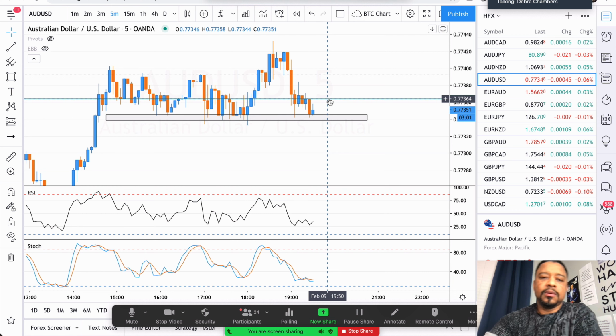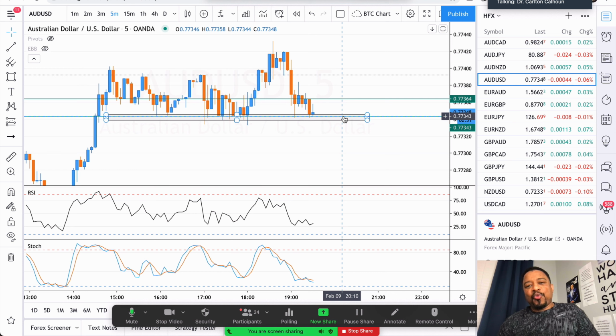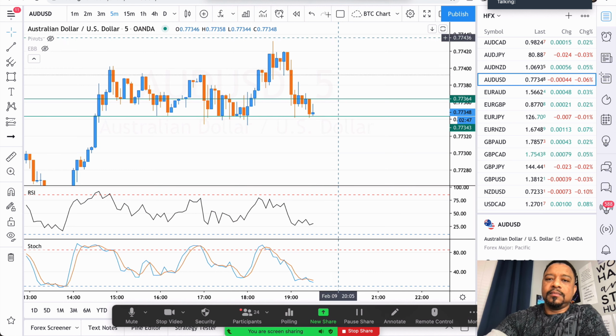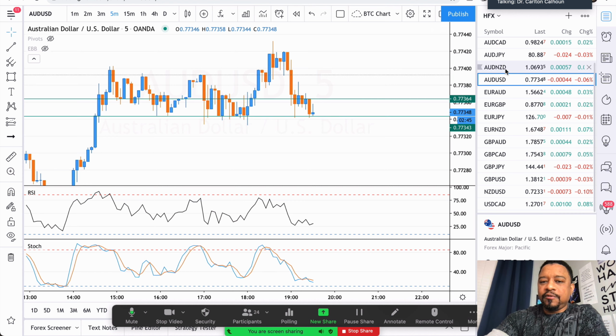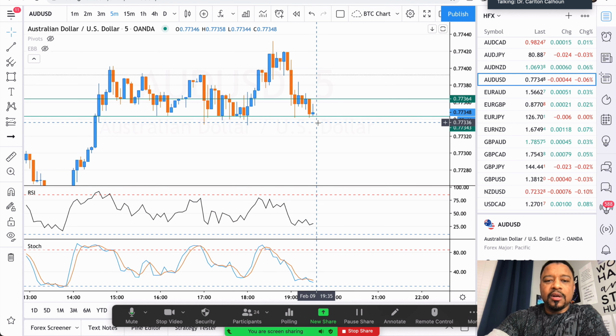On your 2 to 3 minute, are you doing fixed time? No, I rarely do fixed time. So this is a potential trade I would be looking at. Why?